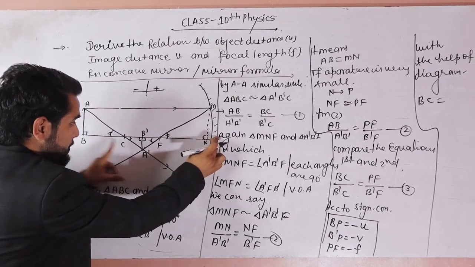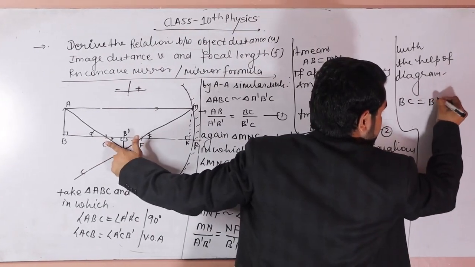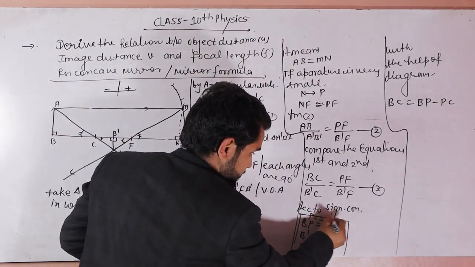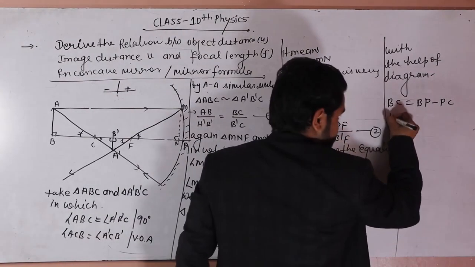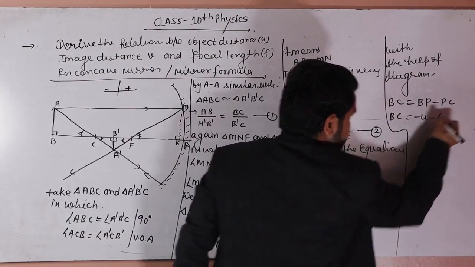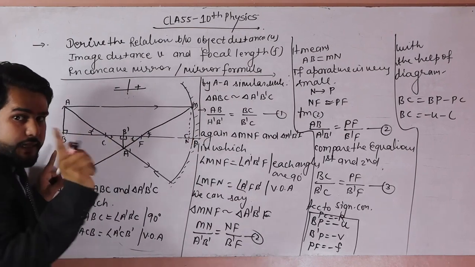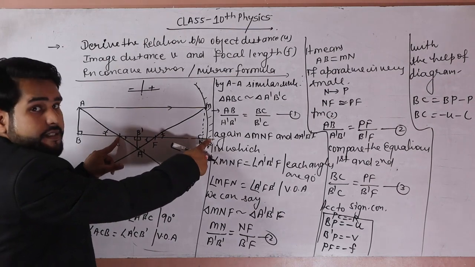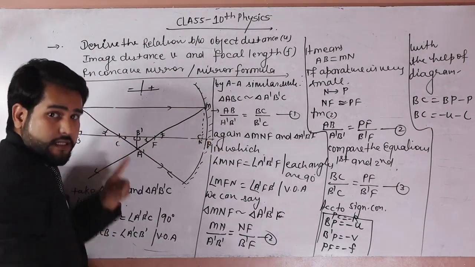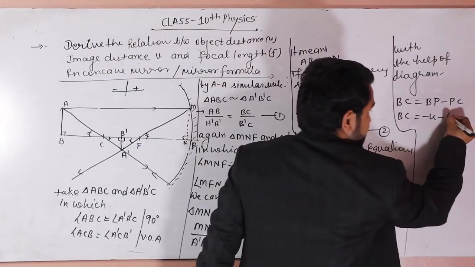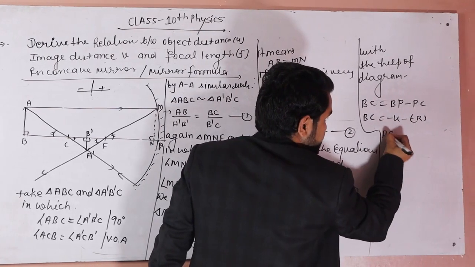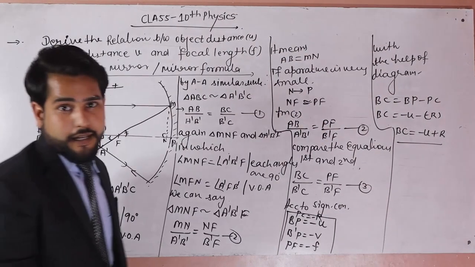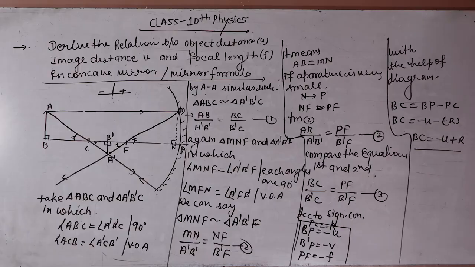And PC is the radius of curvature, minus R. So BP is minus u. All the distances are measured from the pole, and you know very well the distance between pole and center of curvature is called the radius of curvature, denoted by R, and this is minus R. So BC equals minus u plus R. Is that clear? Okay, you can note down.